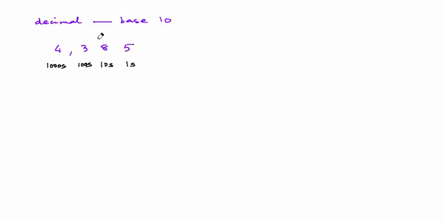And then the value of the actual number is the digit that you have in the ones place times 1. So 5 times 1 is 5. Add that to the digit that you have in the tens place. In this case, 8 times 10 is 80. Add that to the digit that you have in the hundreds place times 100. So that becomes 3 times 100, which is 300.